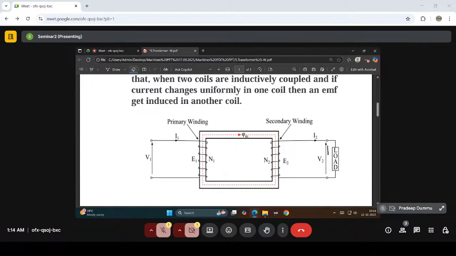What kind of transformer is it? Step down transformer. Fewer turns on one side and more turns on the other, 220 to 440, is step up.